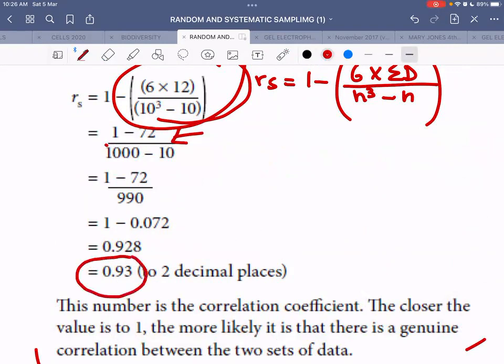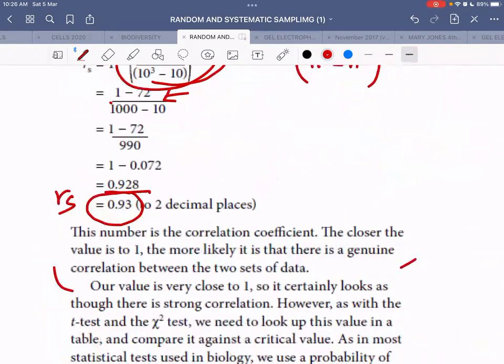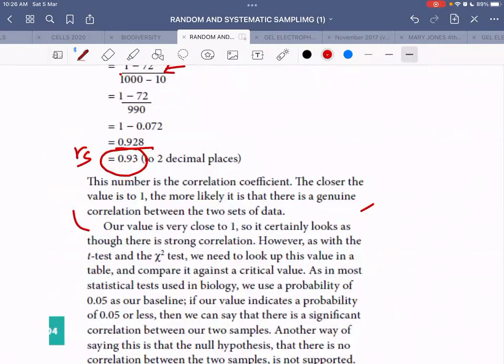We always round off to 2 decimal places. हमारा आंसर आया था 0.928 और हम इसको 2 decimal places यानी कि 0.93 कैलकुलेट कर रहे हैं. अच्छा, so the Spearman's rank correlation coefficient that we have calculated is 0.93.